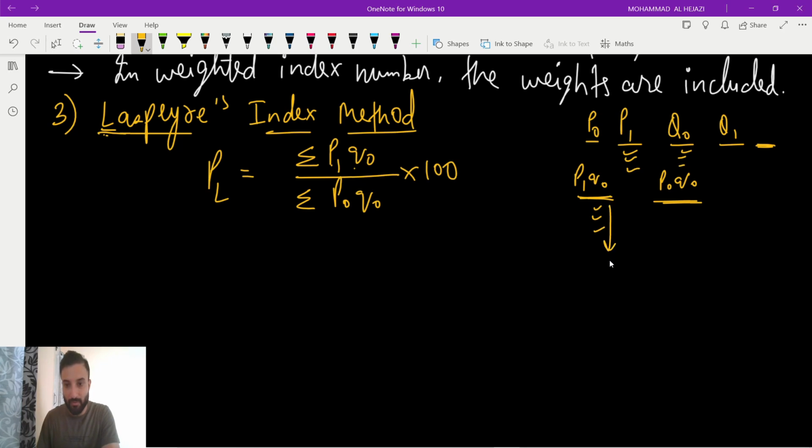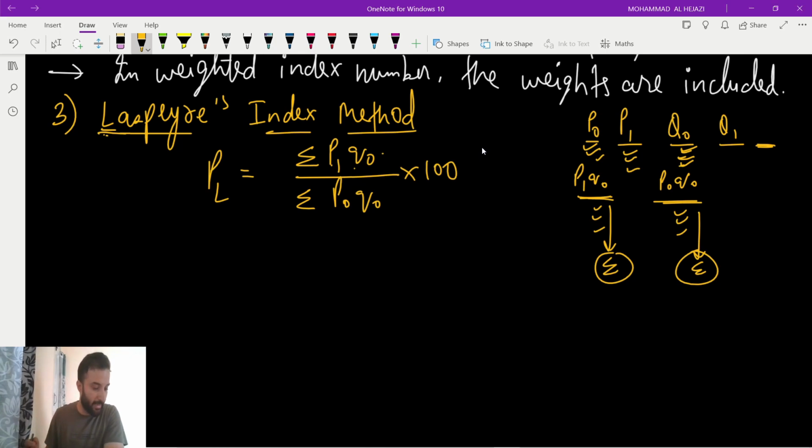Like that you will add, that summation is summation of P1 Q naught, divided by summation of P naught Q naught: P naught into Q naught here, here and here. That summation is summation of P naught Q naught, into 100. So this is for the Laspeyres index number.